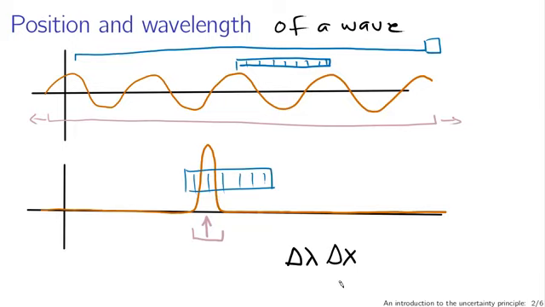We'll talk more about Fourier analysis later, but for now, just realize that this product is always going to be greater than or equal to about 1. Wavelength is something with units of inverse length, and the position, of course, is something with units of length. So the dimensions of this equation are sort of a guideline. Wavelength and position have this sort of relationship, and this comes from Fourier analysis.